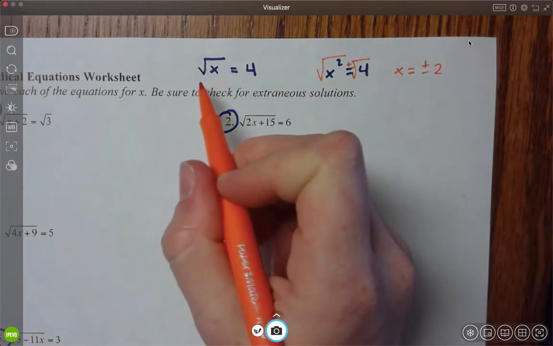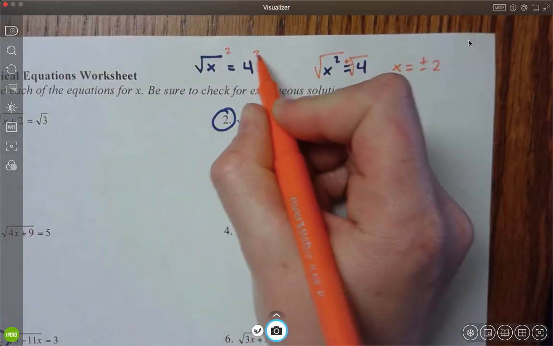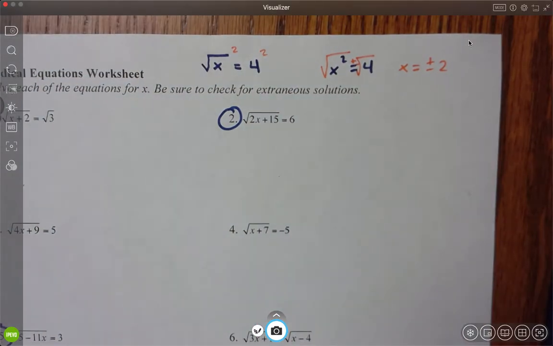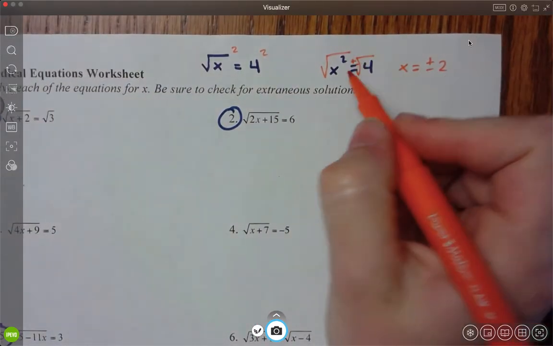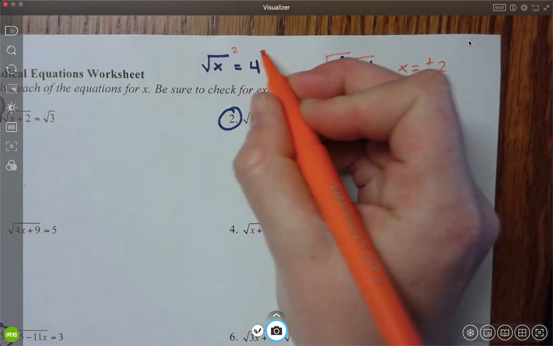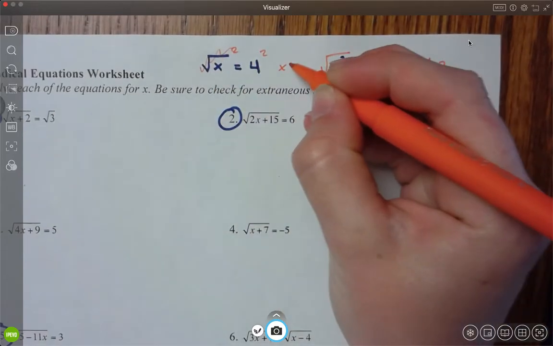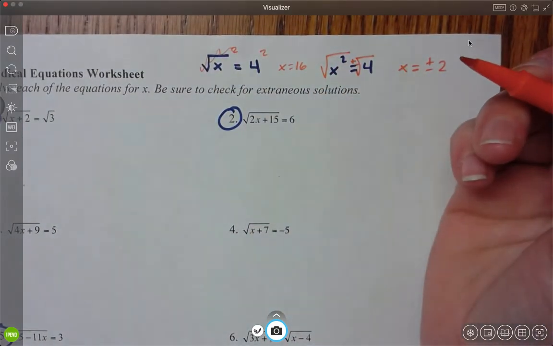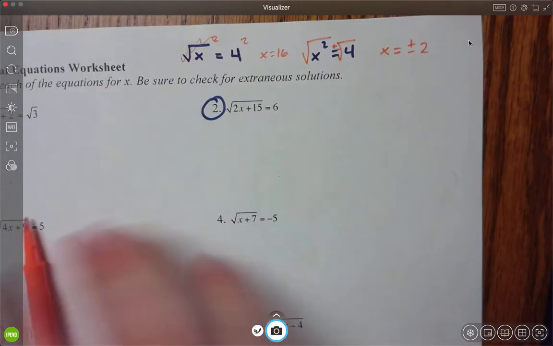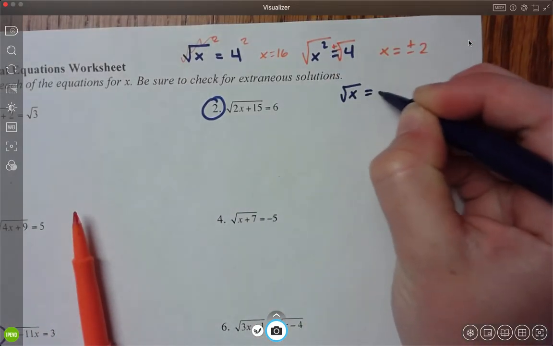Now, if we're working backwards, the inverse of the square root is squaring it. When we square something, it gets rid of the plus and minus sign, because squaring a 4 versus squaring a negative 4 will end up going away. So in this case, our answer will just be x equals 16. That would be the same if they had given me the square root of x equals negative 4.